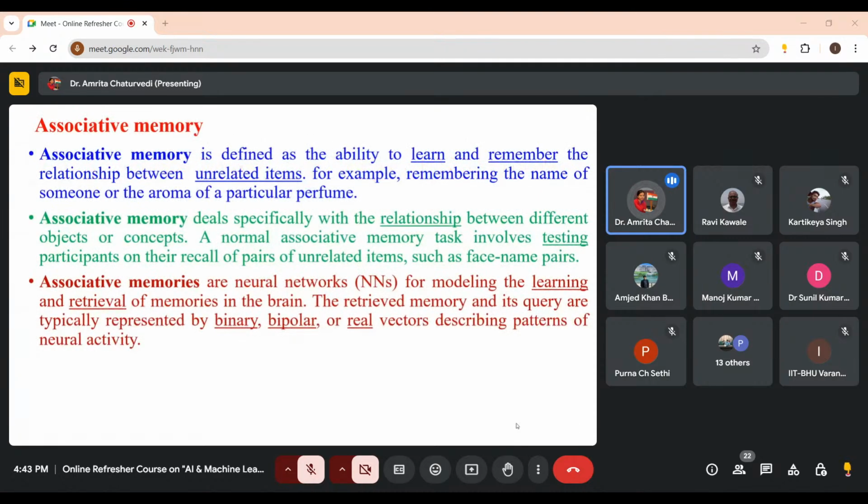As I told you yesterday, associative memory neural networks are mainly used to associate two types of information. For example, you have various senses, right? You have the seeing sense, smelling sense, hearing sense, and you associate some data with each piece of information that you sense. For example, you see the image of a rose and you associate the term rose with it.